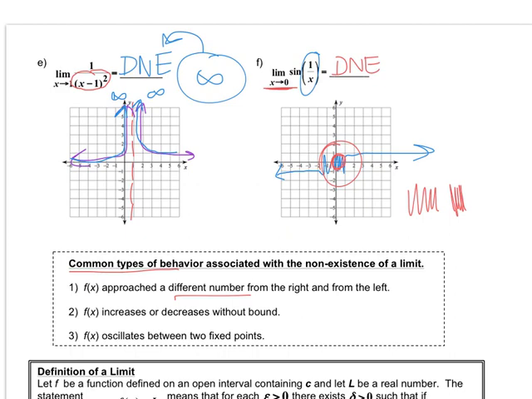If it's increasing or decreasing without bound, meaning it's approaching infinity or negative infinity, then technically that specific value doesn't exist. And thirdly, we just saw if it's oscillating between 2 fixed points, the limit does not exist.